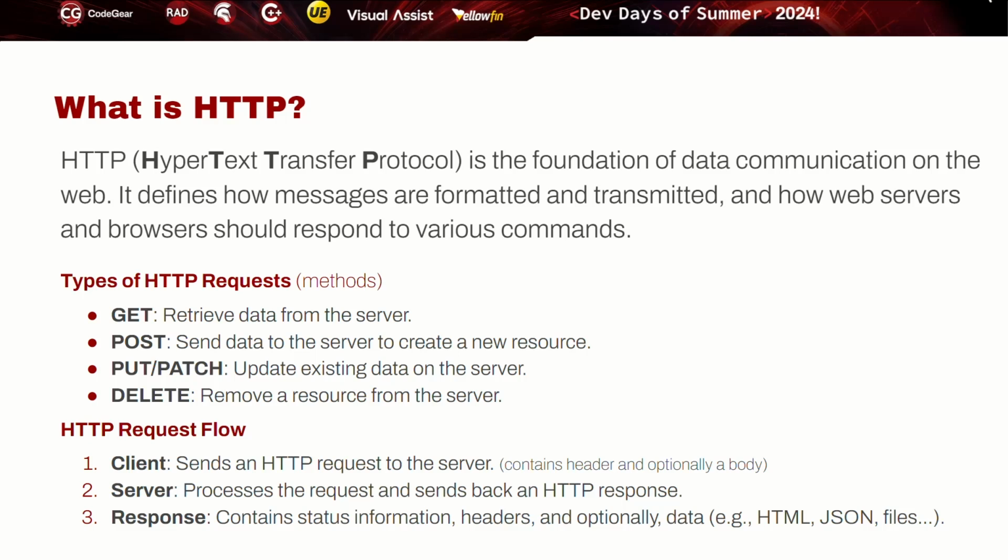And then the HTTP request flow, very basic stuff too. We have the client, that could be a browser or any service that sends an HTTP request to the server. We need to remember that the request is not just what we see, let's say the URL, or even if it's a POST or a PUT, or the body that we're sending.